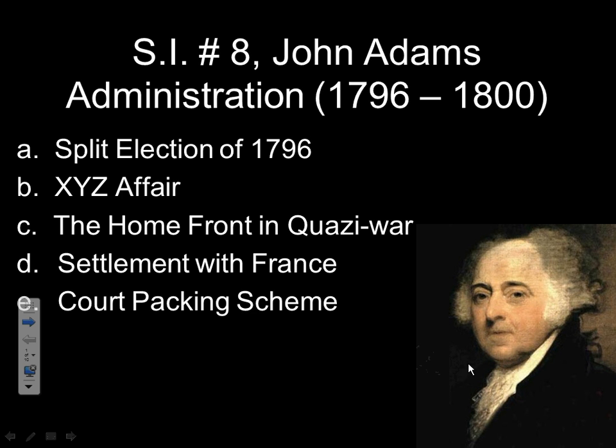And with that election, John Adams is selected with the majority of Electoral College votes, which sets up this topic number 8. We're going to take a look at John Adams and some of the key moments of his administrative history.